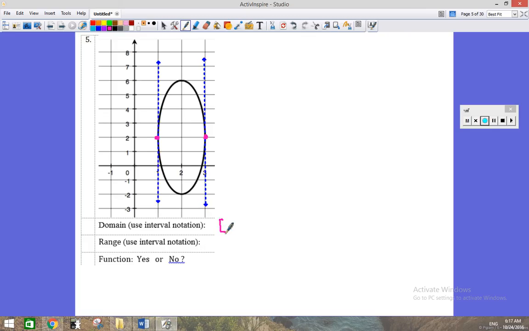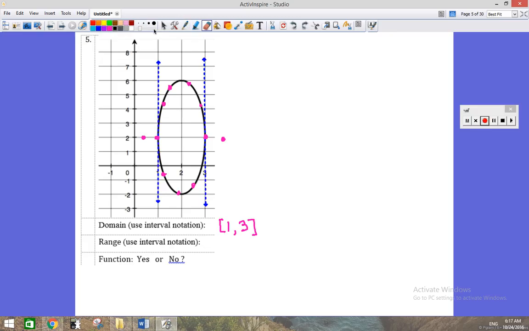So from positive 1 to positive 3, including that, any point you find on this graph is going to have an x coordinate between 1 and 3, including 1 and 3 itself. There's never going to be a point on the graph that's less than 1. There's never going to be a point on the graph that's greater than 3.